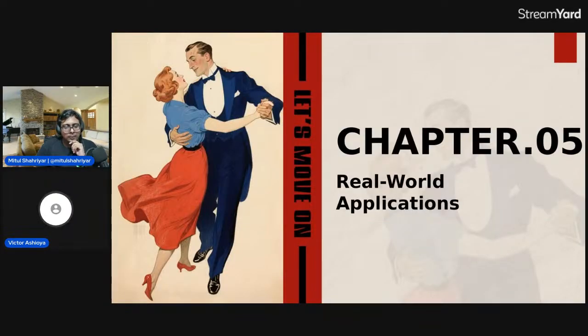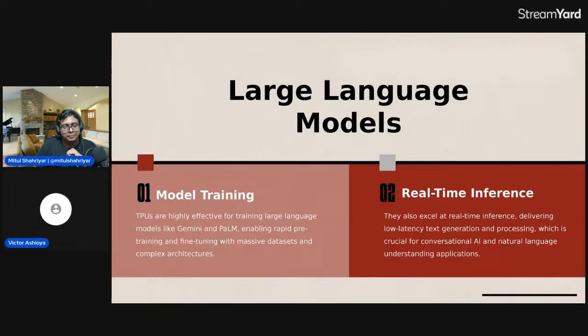All right, so now looking at real-world applications, because this is the important part. I find that you get more context about software or technology if you see its applications. How is it used in the real world? One, large language models. Model training: TPUs are effective for training large language models.